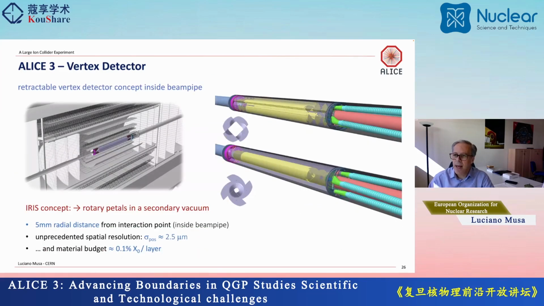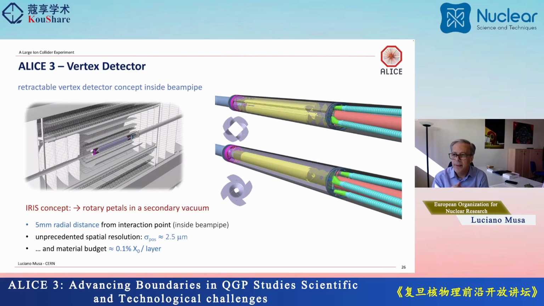Now the question is, how do you go that close to the interaction point? That requires another completely novel scheme for a barrel configuration. Many of you know that LHCb, which has a forward configuration, has put a vertex detector, the so-called VELO, vertex locator, inside the vacuum chamber.